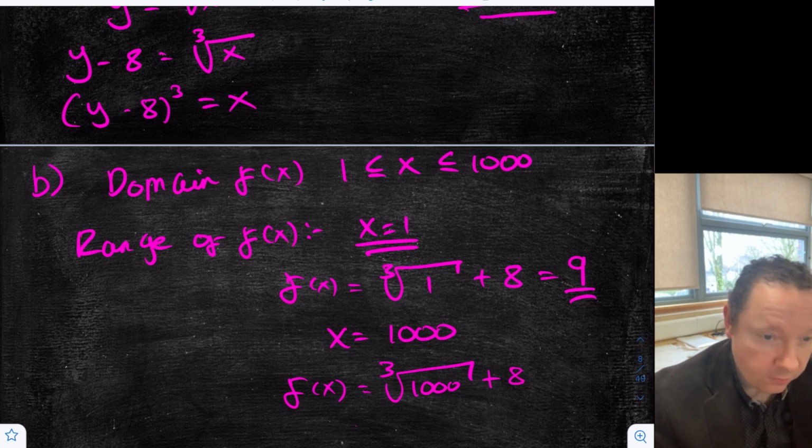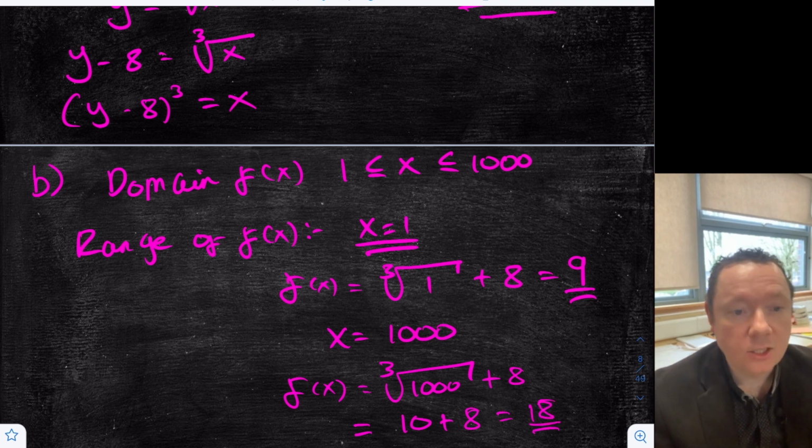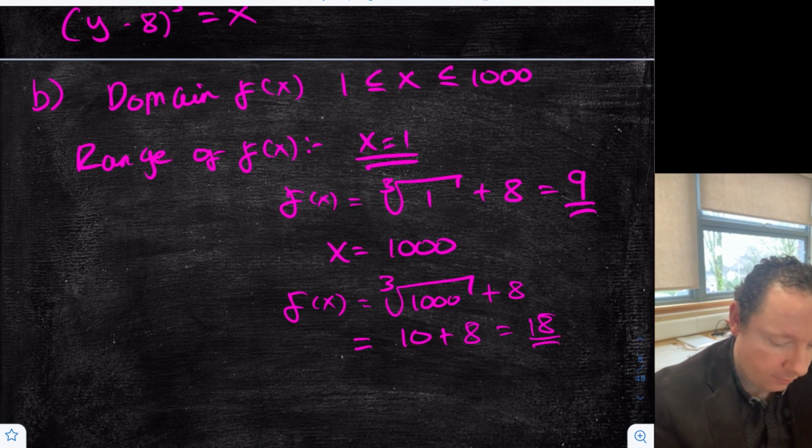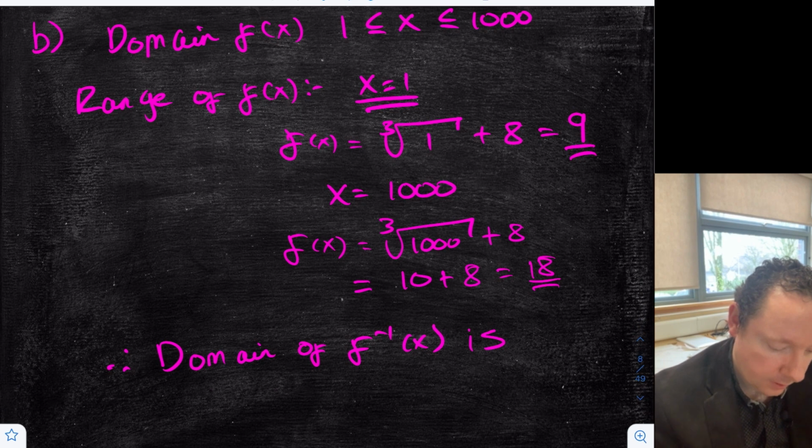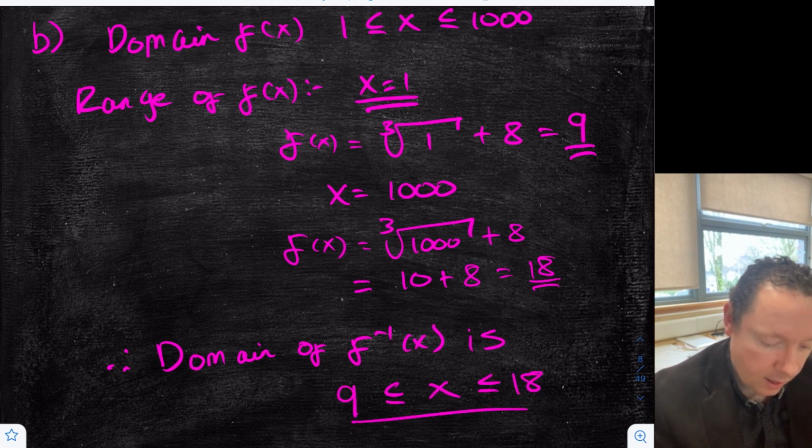The cube root of 1,000 is 10, so it's 10 plus 8, which is 18. So our range for f of x is between 9 and 18, and therefore straight away we can just say the domain of the inverse function is between 9 and 18. 9 is less than or equal to x is less than or equal to 18, and we're done there.